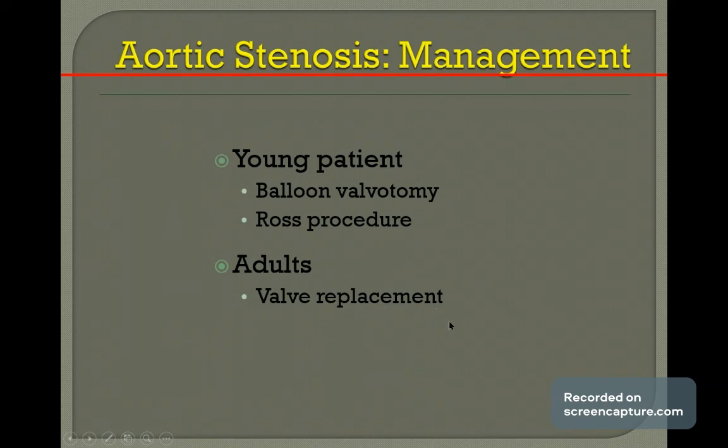In old age patients, or if the patient is pregnant, or reluctant, or has comorbids, etc., then bioprosthetic valves, which are membranous valves, should be used. These valves are replaced by mechanical or bioprosthetic valves or tissue valves.